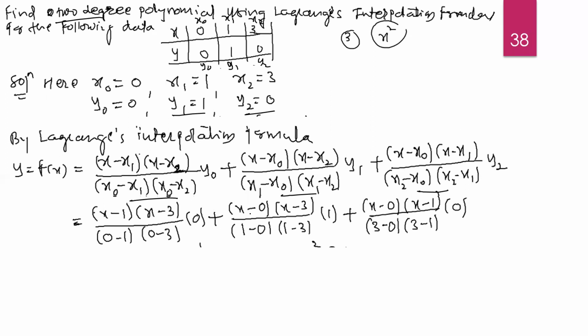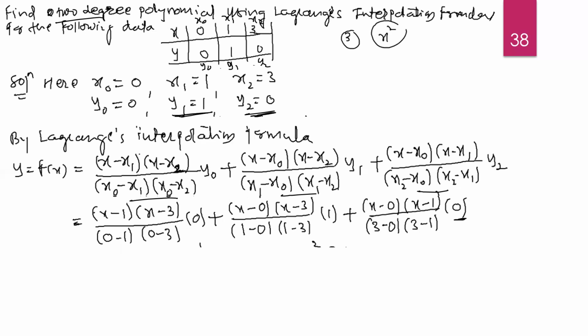Next, x minus 0, x minus 3 in the numerator, and in the denominator 1 minus 0, where 1 is the value of x1, then 1 minus 3, into y1. Y1 is 1. Plus x minus x0, x0 is 0, x minus x1, x1 is 1, and in the denominator the value of x2 is 3: 3 minus 0, 3 minus 1, into y2.